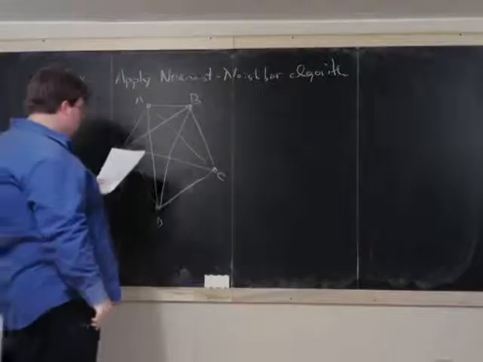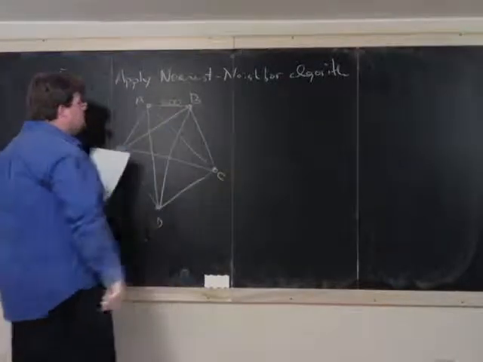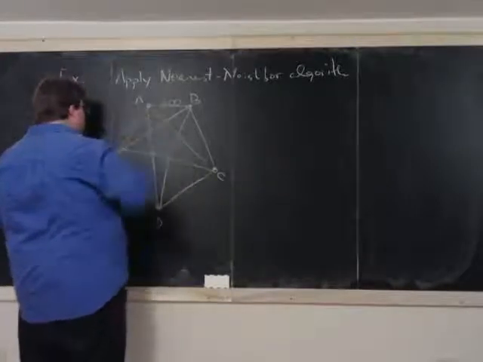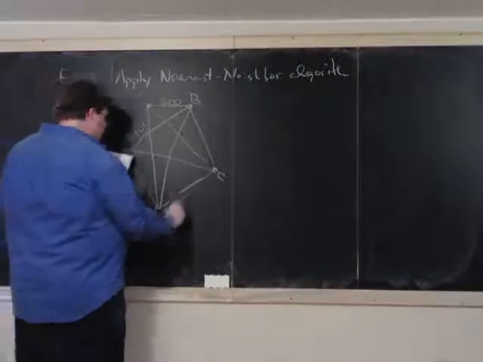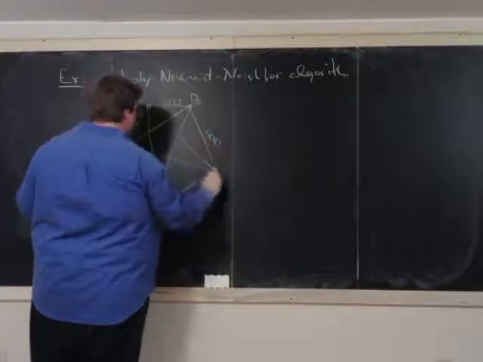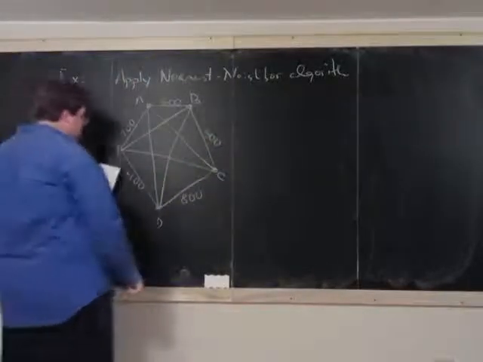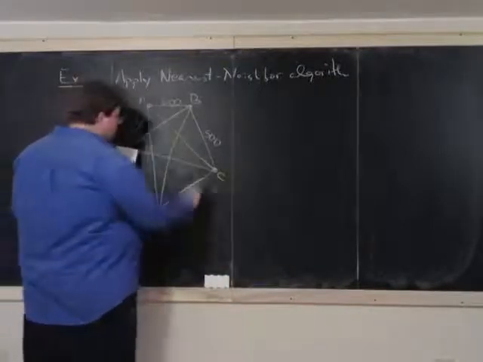Now let's give these costs. 600, 700, 400, 800, 500. Now these other ones, you have to be a little careful with your labeling so you don't wind up labeling them wrong.